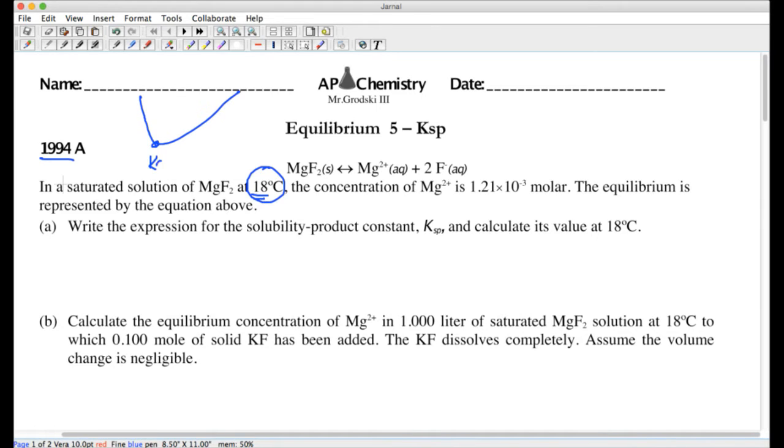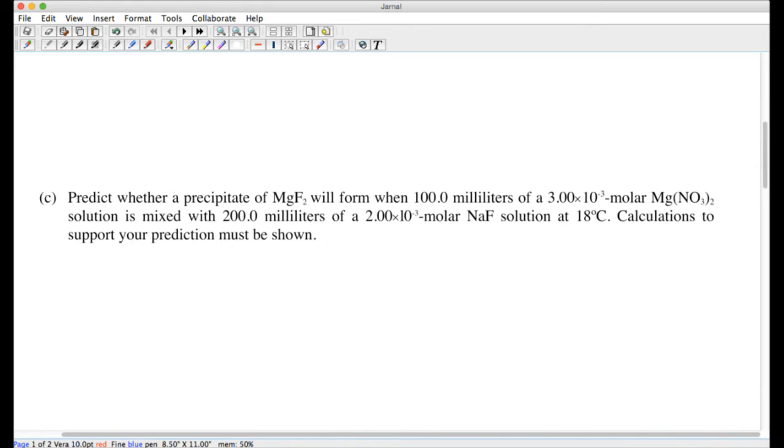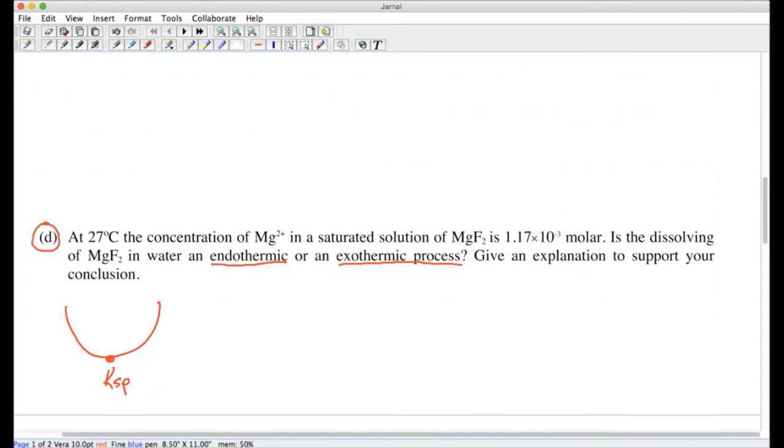Remember, the equilibrium constants are temperature sensitive. So everything's going to be at the same temperature. You notice all your questions were at the same temperature, except for letter D. Letter D was different. They increased the temperature. So by increasing the temperature, what did we learn last week?